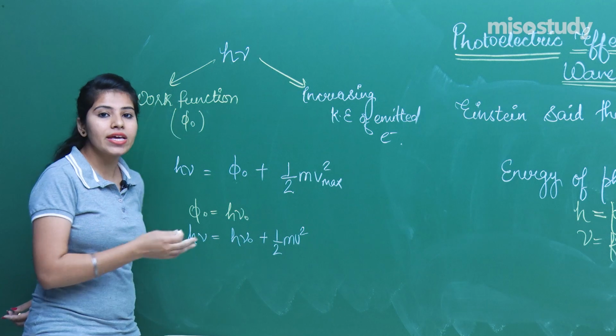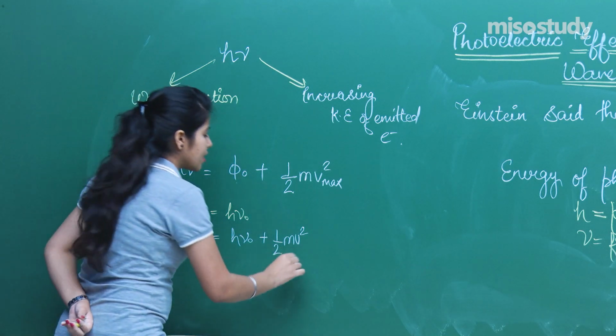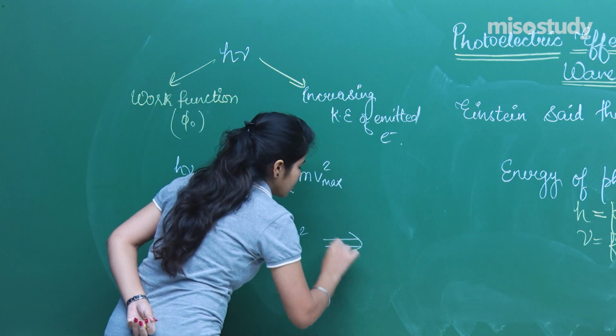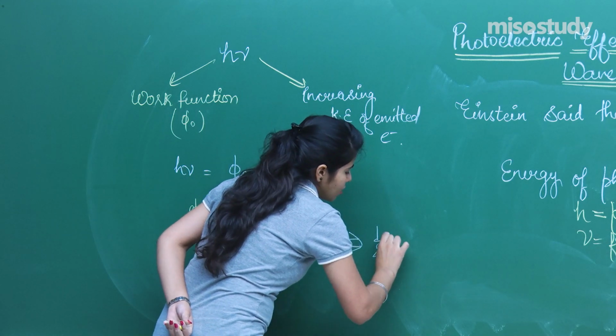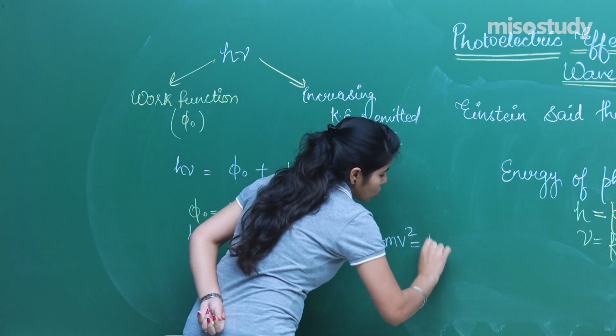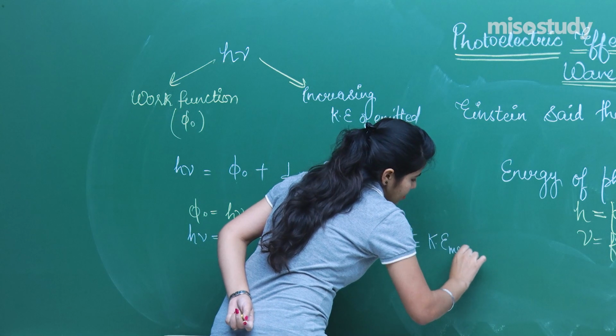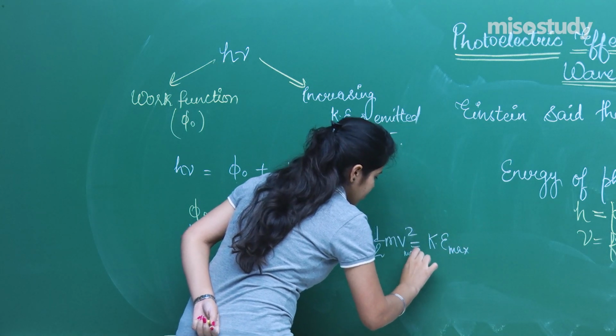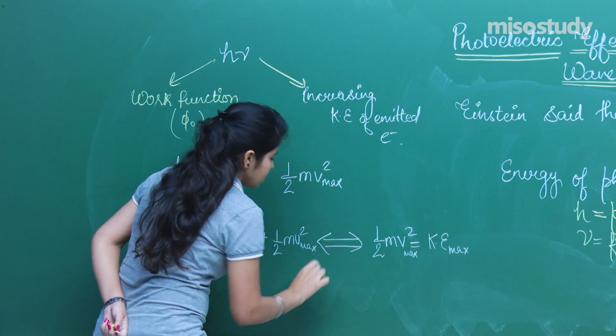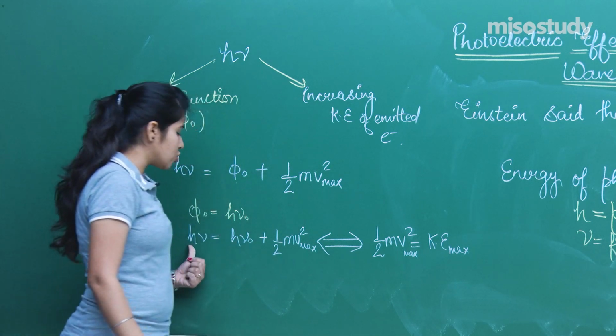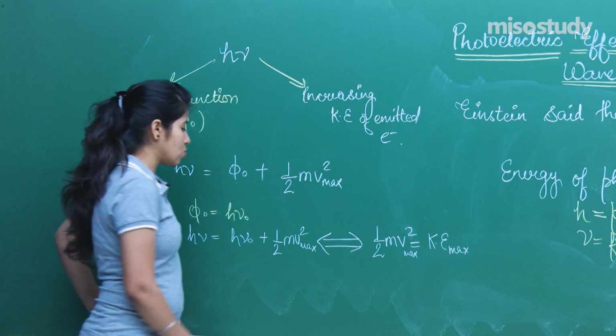Now to find the kinetic energy of the electron, we can represent the equation as half mv square equals kinetic energy max, which equals h nu minus h nu naught.